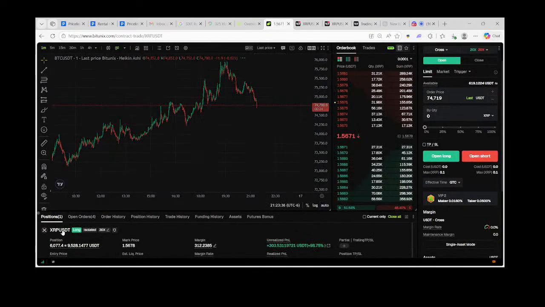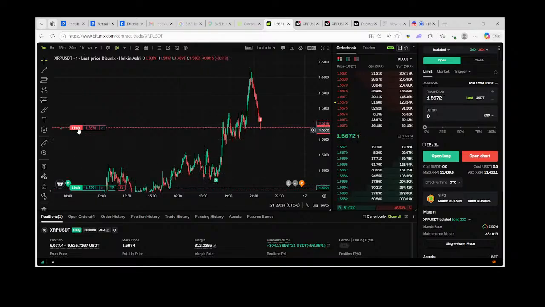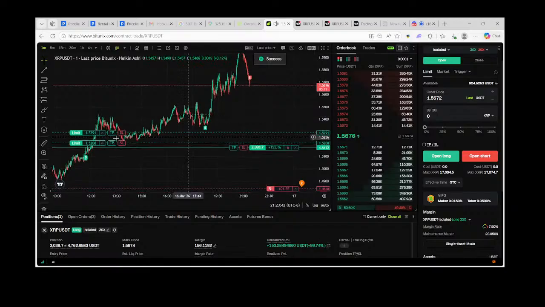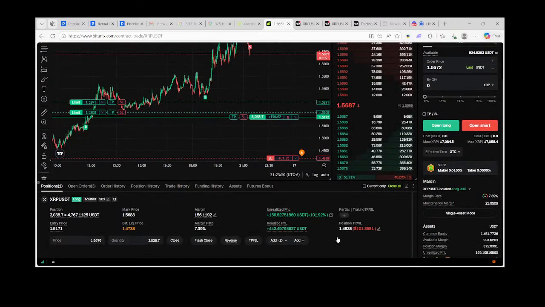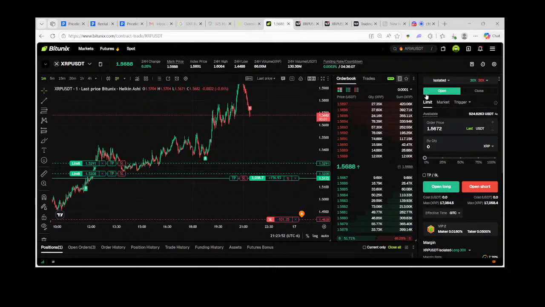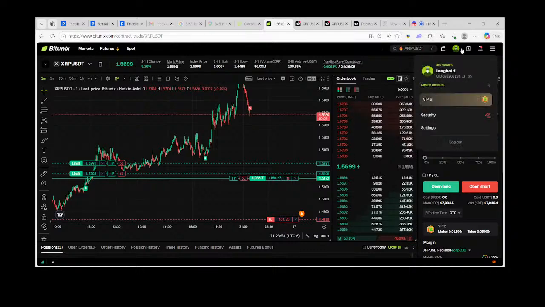You use the profits to rebuy, re-enter, you're saying? Yeah, so you see how these limit orders I already have? So later on I'll set more limit orders down in these areas here and then start buying the dips. But yeah, so that was a $300 trade a week ago. Now it's 1,400. All right, so that's what you use sub accounts for.